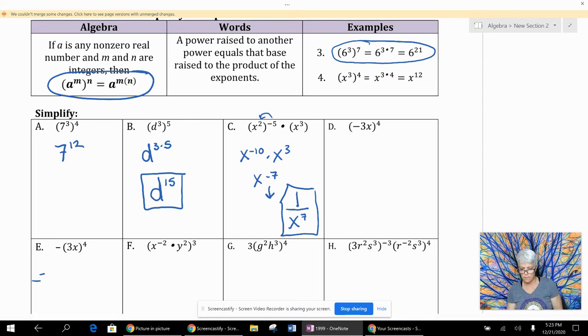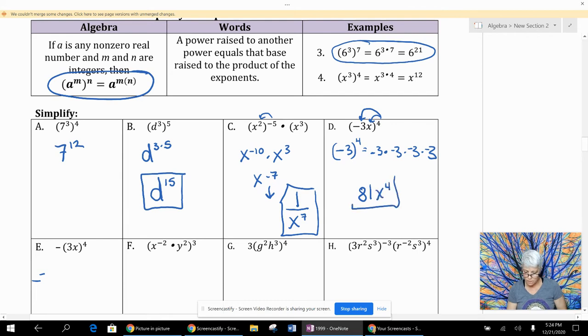All right, so now we have parentheses to the power of 4, which means all of these are going to be to the power of 4. So negative 3 to the power of 4, and it's the whole negative 3. That's the same as negative 3 times negative 3 times negative 3 times negative 3, which is a positive 81, and then x to the power of 4.